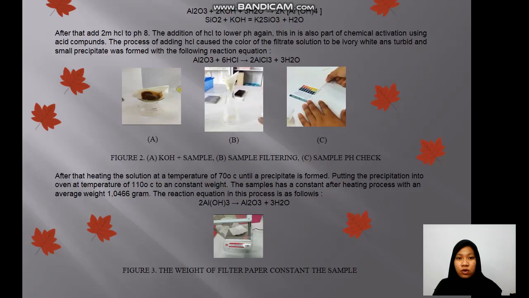The addition of HCl is to lower the pH. This is also part of chemical activation using an acid compound. The process of adding HCl caused the color of the filtrate solution to become ivory white and turbid, and a small precipitate was formed with the following reaction.